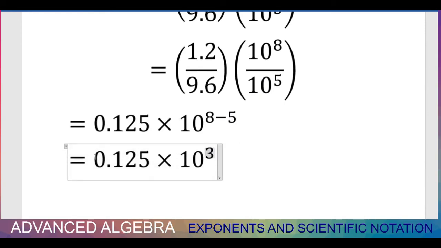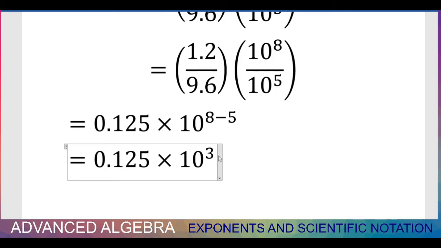So, may napansin ako dito. 0.125. Gawin natin, i-move natin yung decimal places. Pag papunta namang kanan, pabawas naman yung ating exponent dito sa 10 natin.